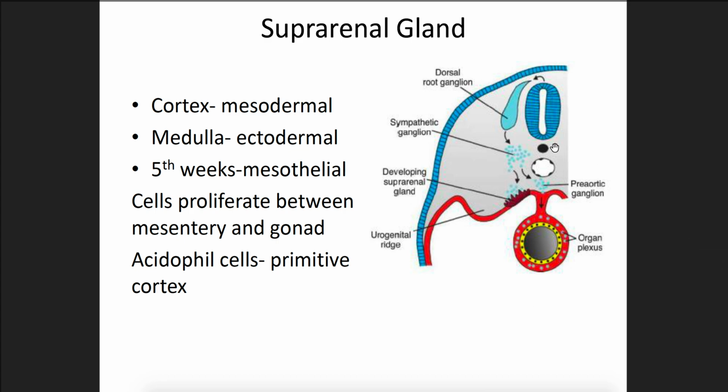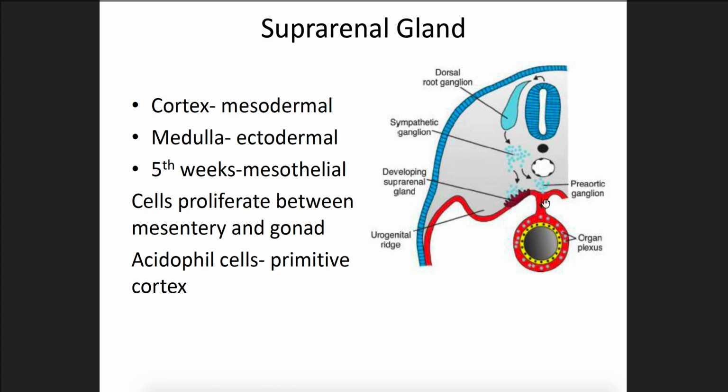Now, the diagram that I have put here to make things a little easier for you: mesothelial cells, or actually cells which are going to transform into mesoderm, will start to increase in number. They will proliferate in the area between the mesentery, which is this part here, the suspension of the gut, and the developing gonad, which is this urogenital ridge.